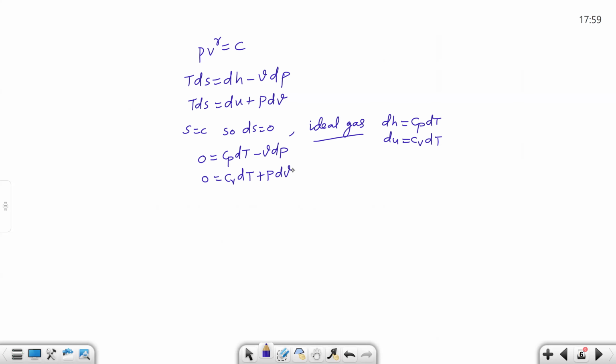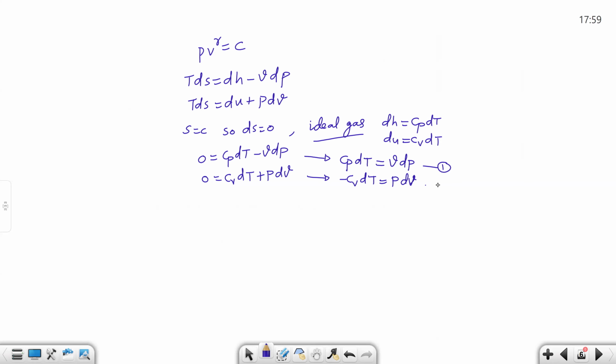Now you can take these terms to the other side. So Cp dT equals VdP, and minus Cv dT equals PdV.